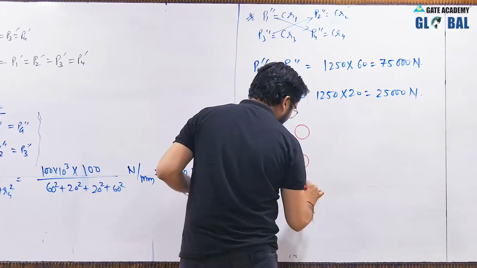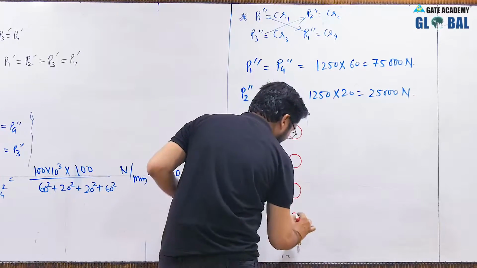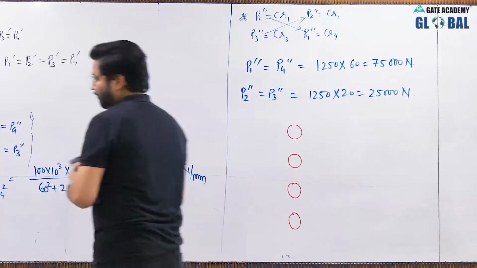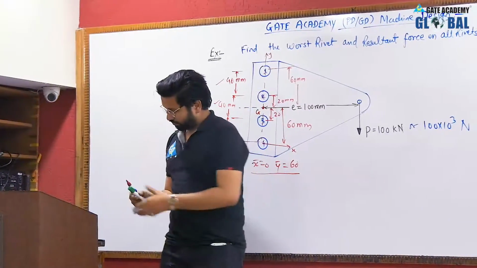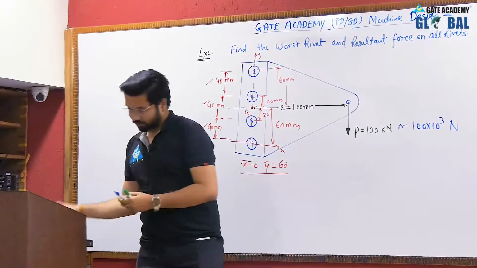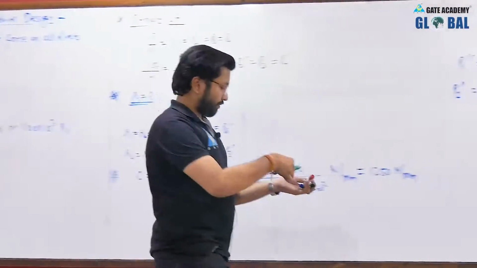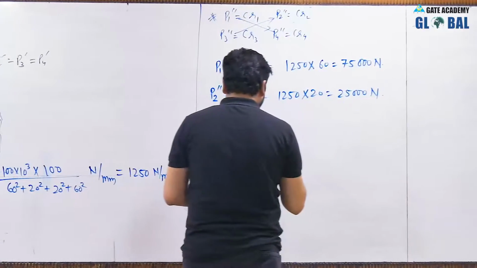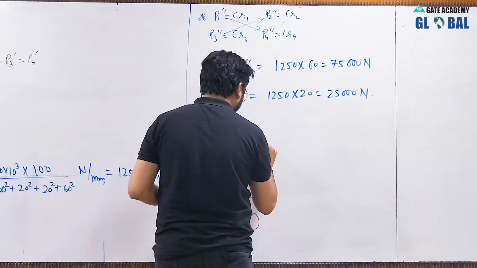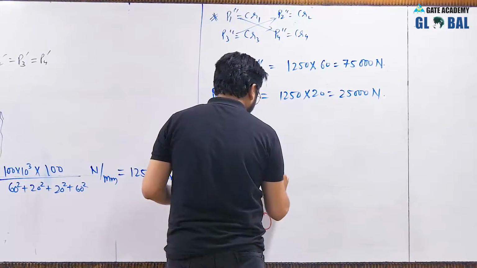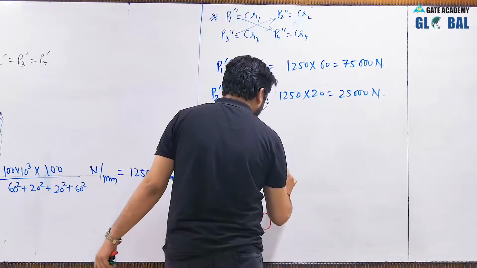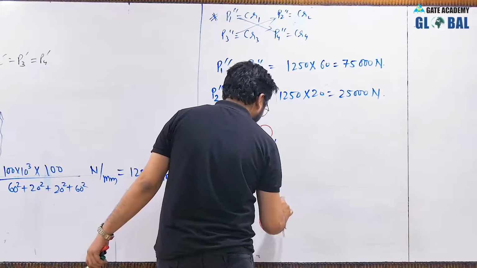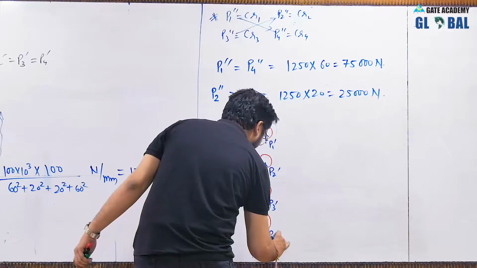So this is the riveted connection. This is the direction of the primary shear force. This is P1 dash, this is P2 dash, this is P2 dash, this is P3 dash, this is P4 dash.